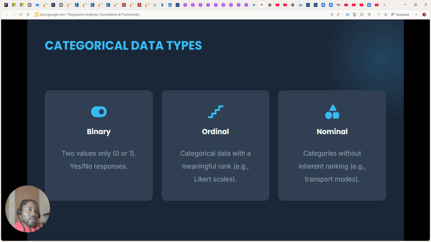That's ordinal data that you use for surveys. Nominal data is categories with no order, just labels. It can be mode of transportation, like car, bus, bike, train, or nationality, like Nigeria, America, Canada. These are just examples of nominal data.